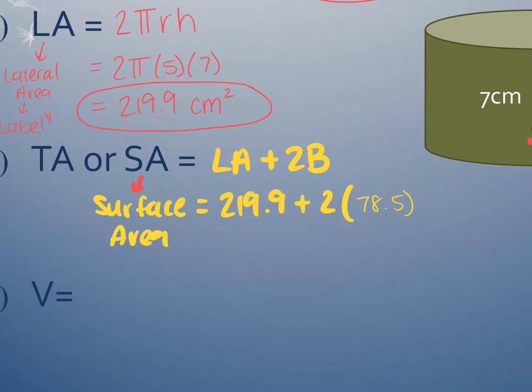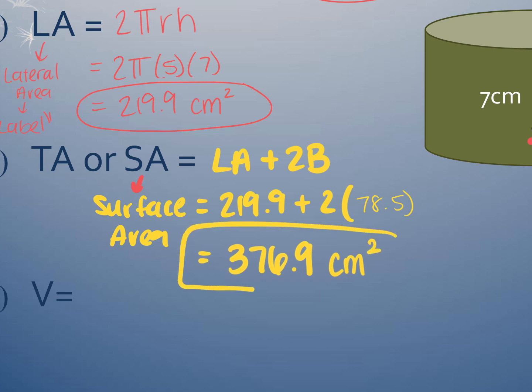This will give me 376.9. What units does this get? Centimeters squared or cubed? Squared. It's still an area, so it's only going to be squared.